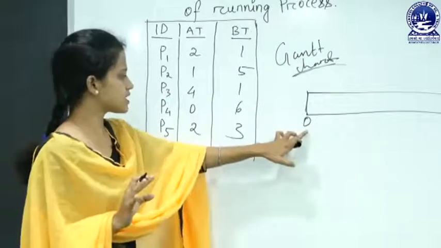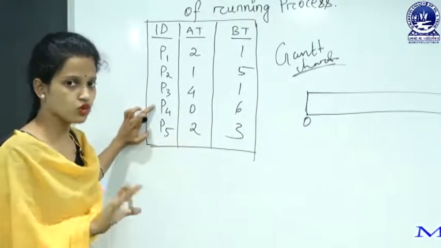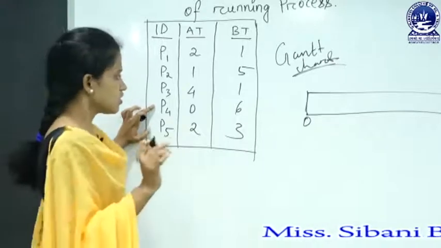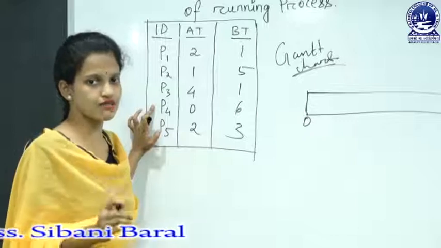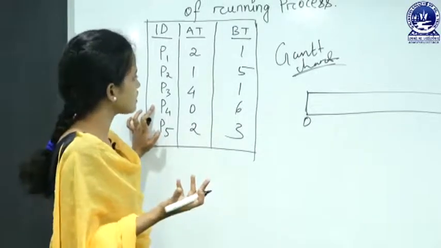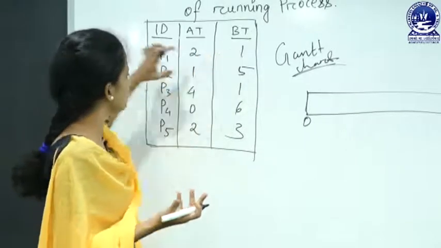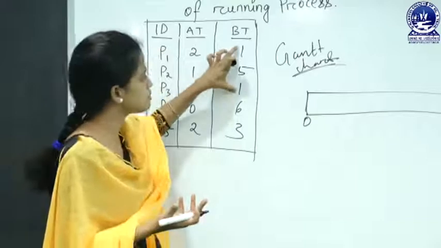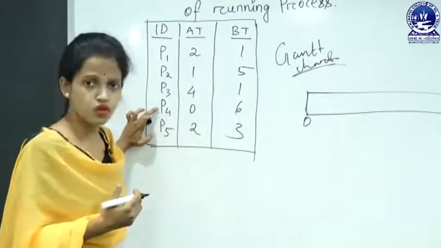So, at 0 millisecond, yes, we have P4, then we have no choice. As SJF is what? We pick the process which has the smaller burst time. P1 and P3 have smaller burst times. Then why are we picking the process P4?